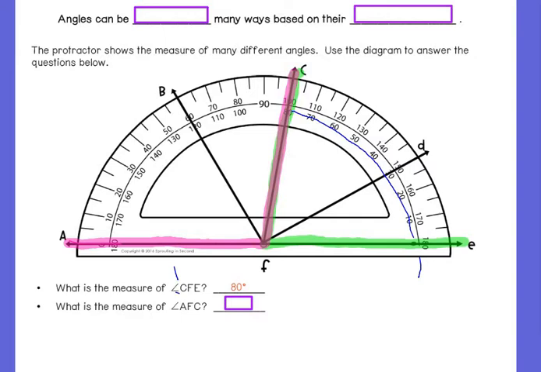And this angle is how many degrees? 100. Because if it's lined up on this side, I always start with 0, so you look for the 0 one. Here, the 0's on top.